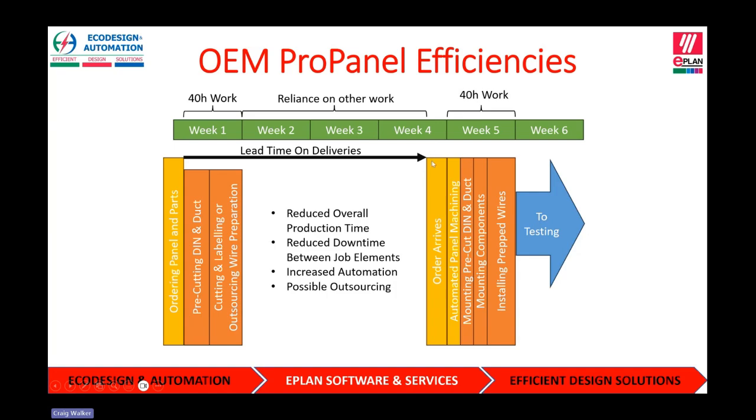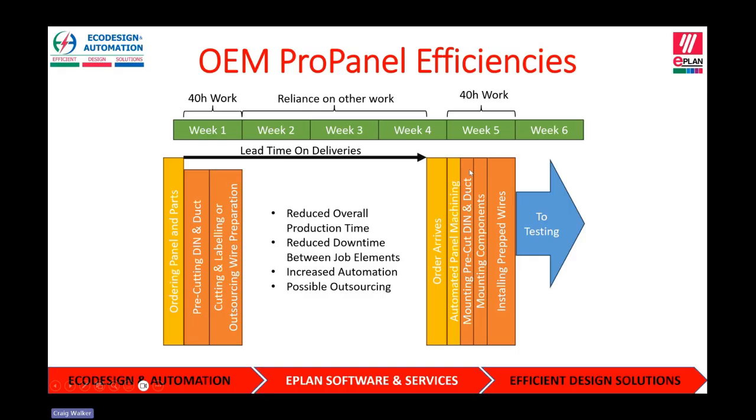Once you have the panel delivered, you can use that digital twin to automate the panel machining. This means that you've already chosen all your holes and threaded holes to mount everything up, and you can just put it into a machine, have it done very quickly, and go straight to mounting the pre-cut DIN and duct rails.